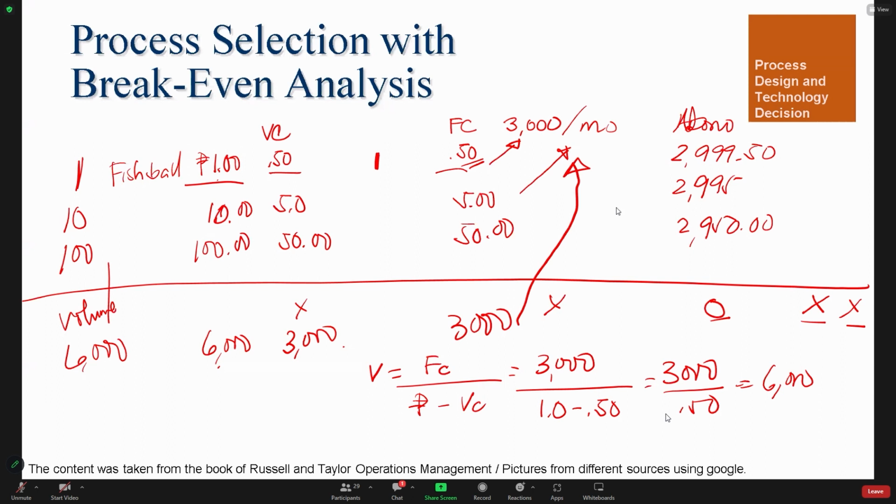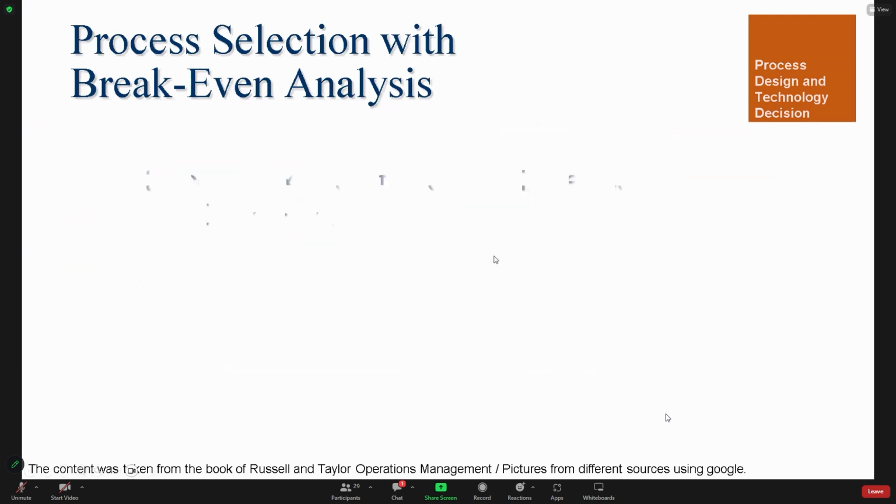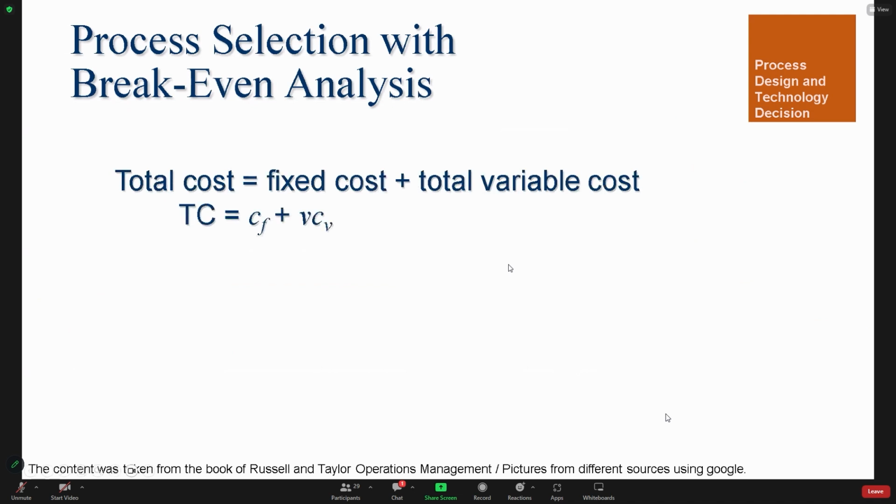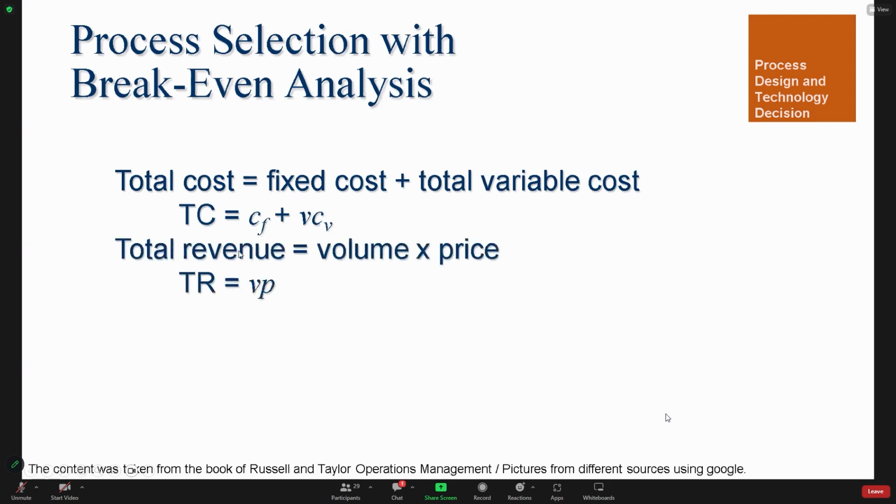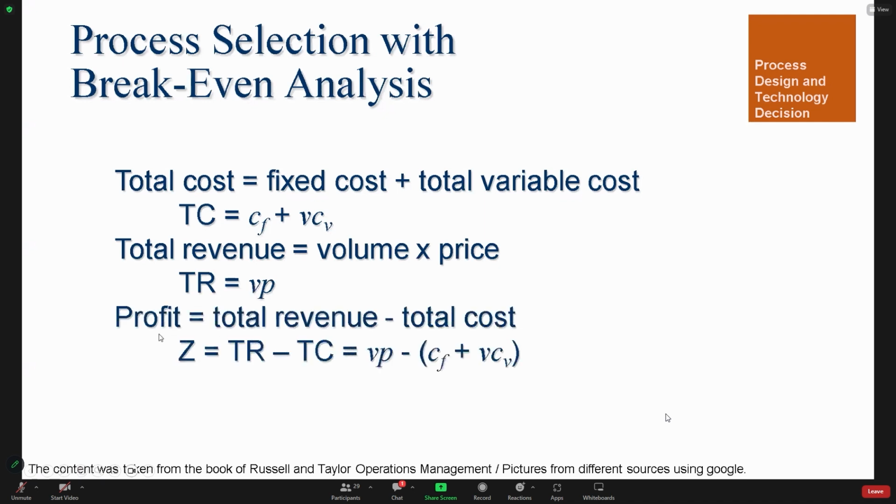Now, moving on. Okay. So, total cost is equal to fixed cost plus total variable cost. And your total revenue is the volume multiplied by price. That's total revenue is equal to volume times price. Okay. And your profit is equal to total revenue minus total cost.